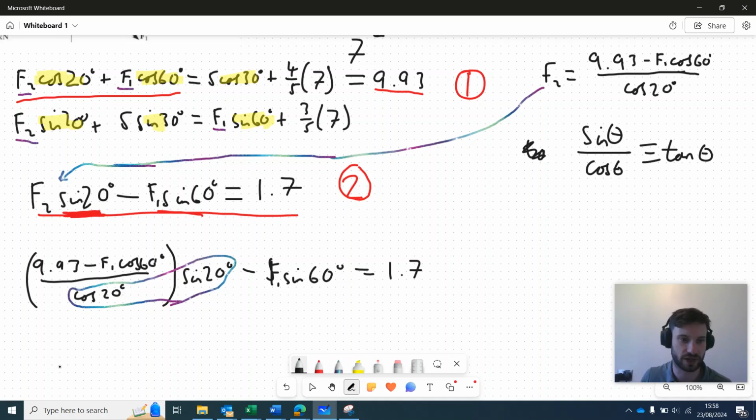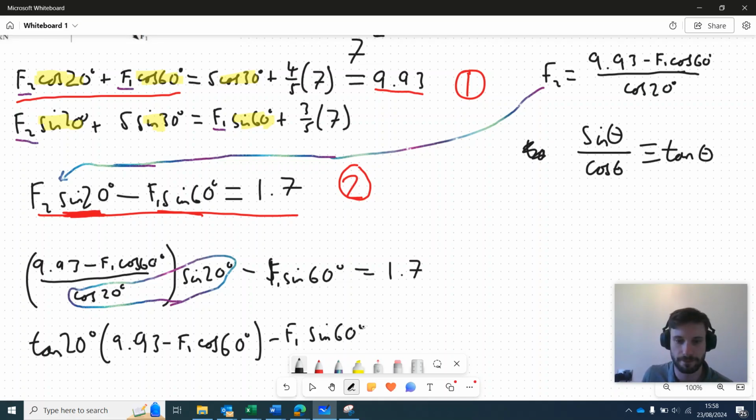So I'm going to rewrite that term. I'm just going to describe it as tan 20 times this numerator. So 9.93 minus f1 cos 60, minus f1 sine 60 is equal to 1.7. Okay.